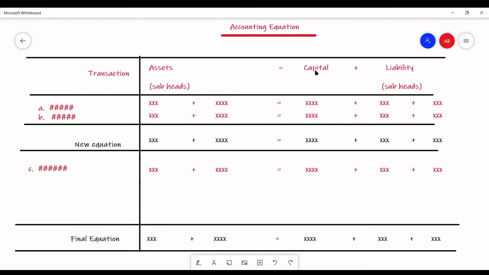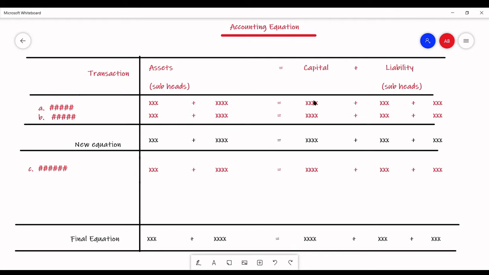Next is the capital and liability. Liability will also have certain subheads depending upon the transactions in the given question. Here, A represents the first transaction. There will be some amounts for assets. We will be writing them under the assets, and according to the problem we will either add or subtract.